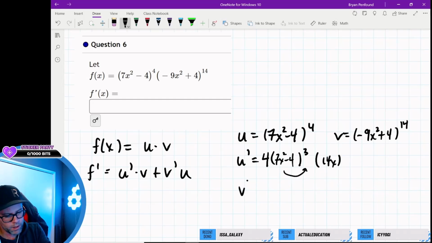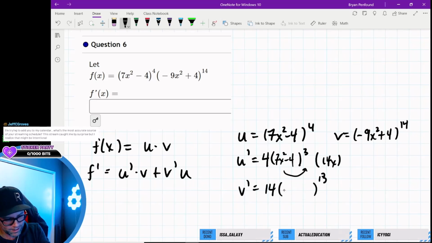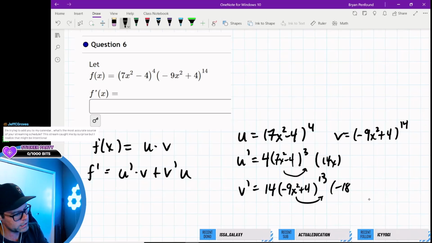And then we want to do the same thing with v prime. We want to bring that 14 down, subtract 1 from the power. We're going to input this expression back in and then take the derivative of that inside expression. So negative 18x.